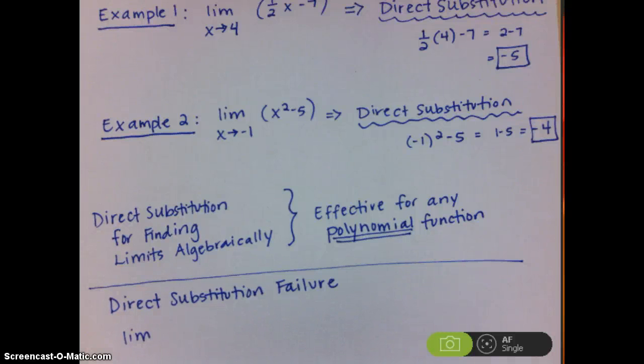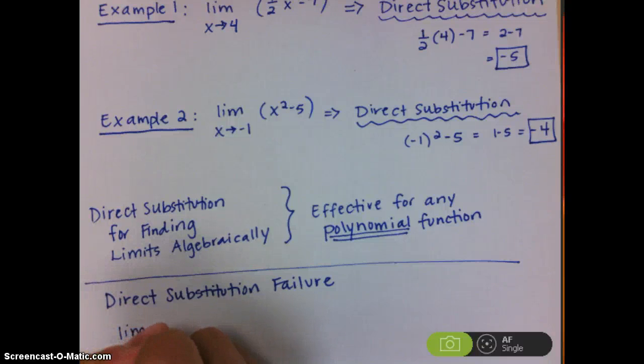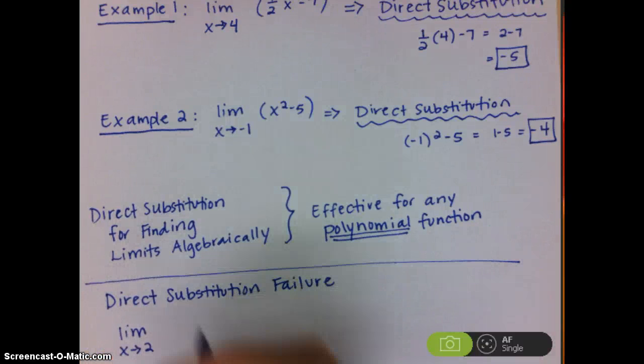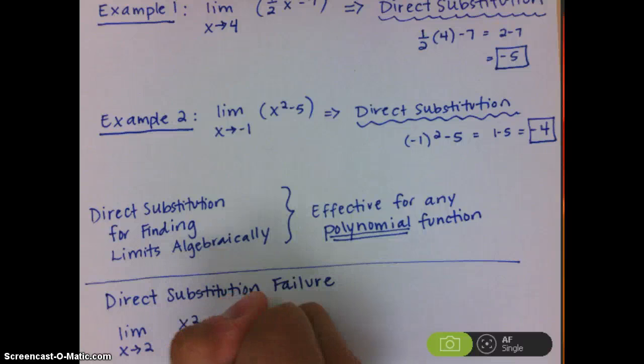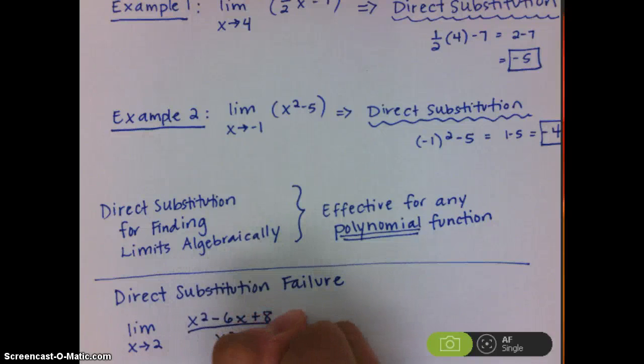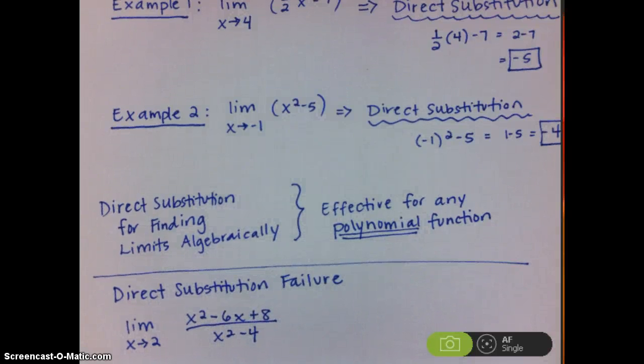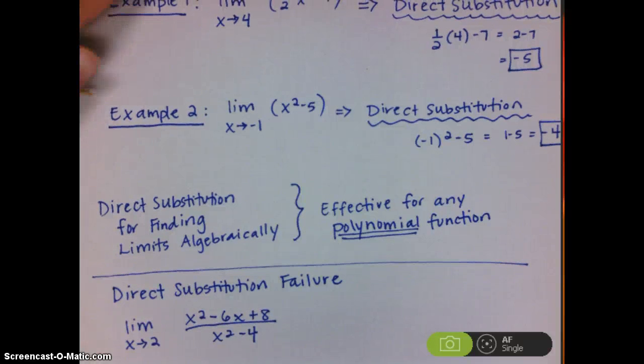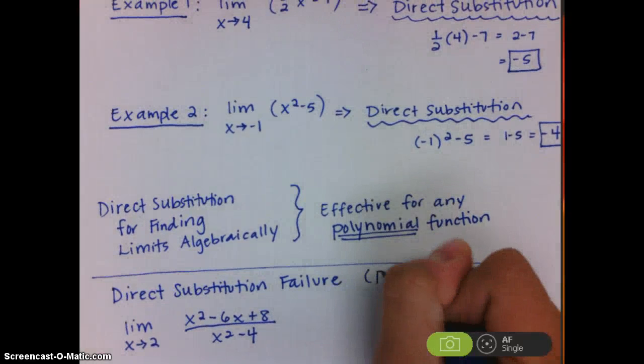So let's say we were trying to find the limit as x approaches 2 of the function x squared minus 6x plus 8 over x squared minus 4. Okay, so here we have what's called a rational function.